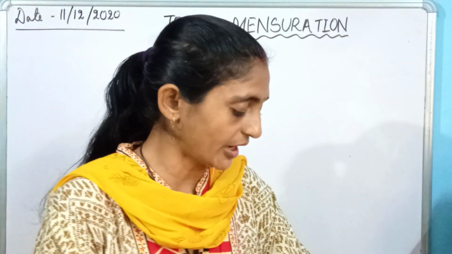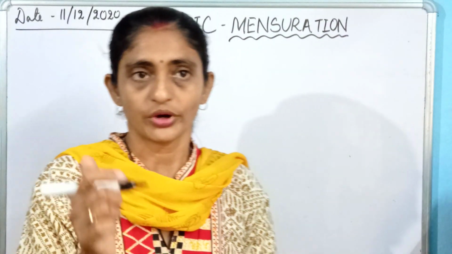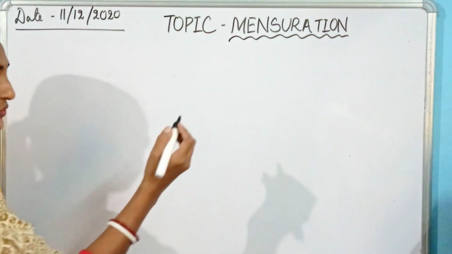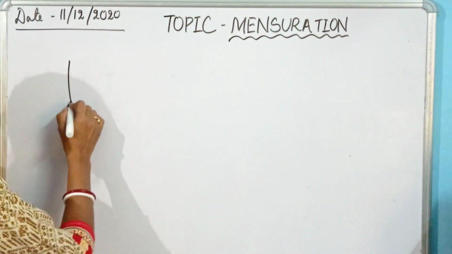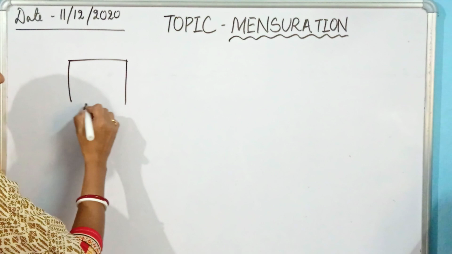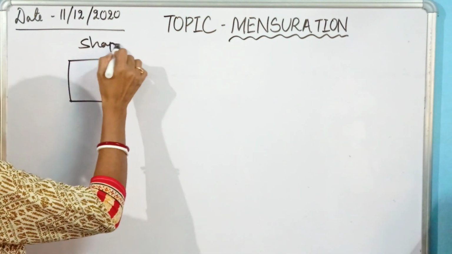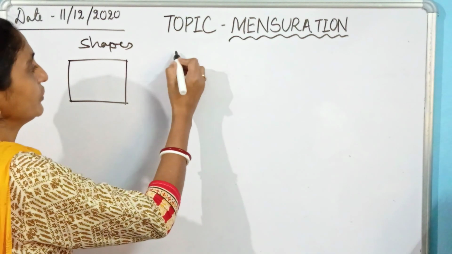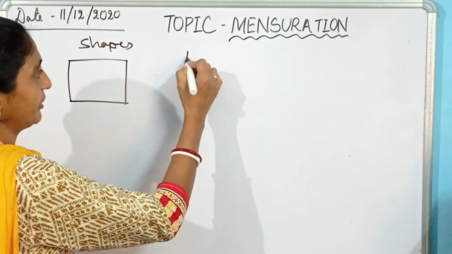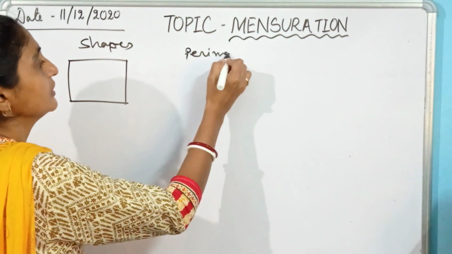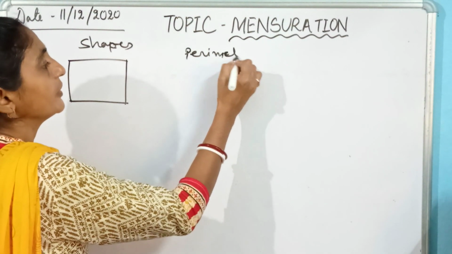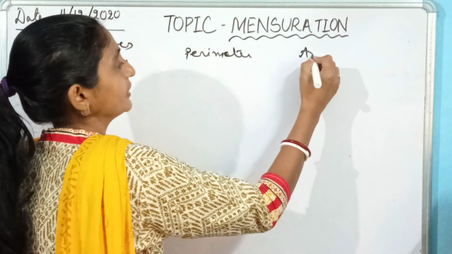So I'm just drawing the shape for this first one. Let's take a rectangle. Then here we will write the formula for the perimeter, then area.